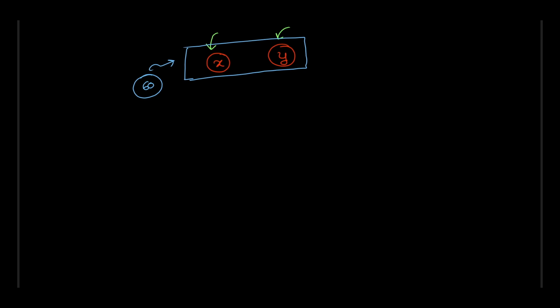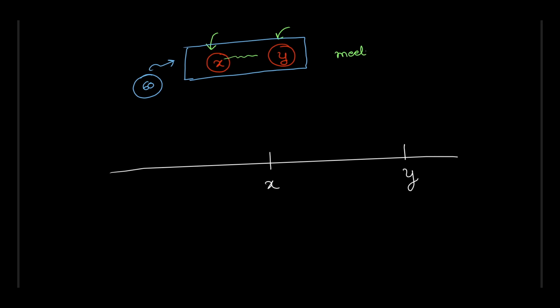Then if you plot them on a number line, if this is your x, if this is your y, suppose y is on the right hand side, then if you are trying to make them equal, they will have a meeting point somewhere along there. So each x and each y have a unique journey to 1, and their journeys should intersect at this point. Now we want to find whether this intersection point is unique or there could be multiple intersection points.